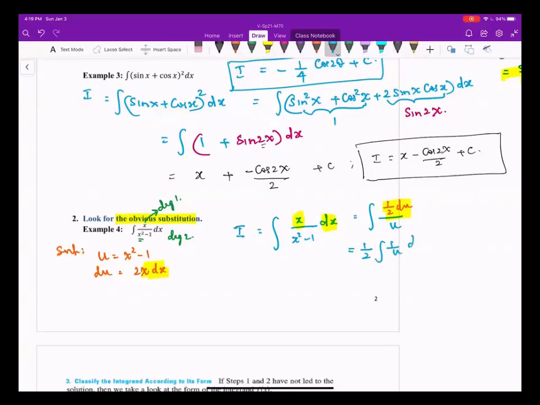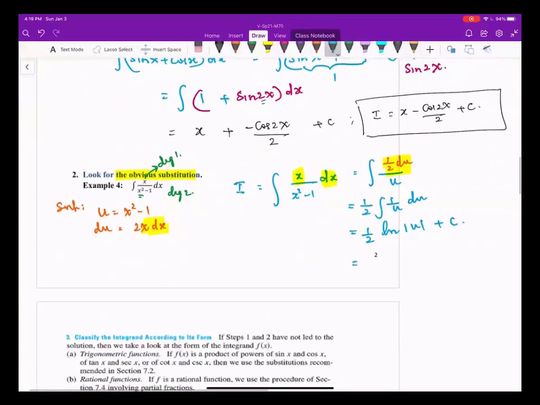Integral of 1 over u du. That is 1 half ln of absolute u plus c. Make sure your answer does not have u, which you introduced. You have to get back to the original variable, which is 1 half ln of absolute x squared minus 1 plus a constant.